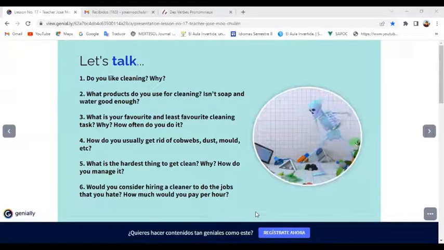Okay. So you mentioned that your favorite cleaning task is washing the dishes because you find it relaxing, and the least favorite one is cleaning the pet area, right? Yes, yes. Okay. So because the smell is strong. Yes. Okay. Excellent.